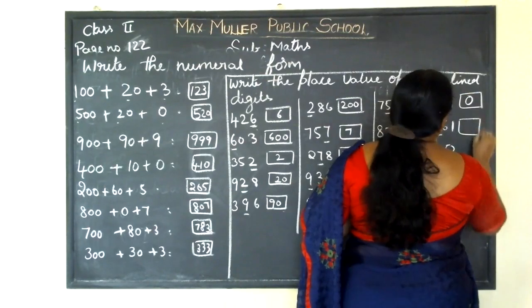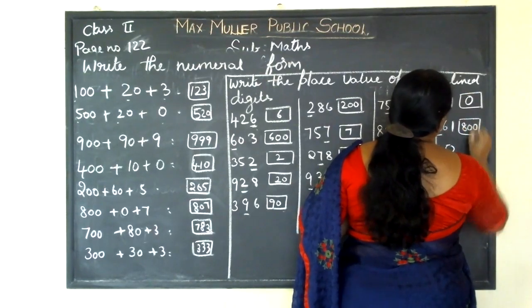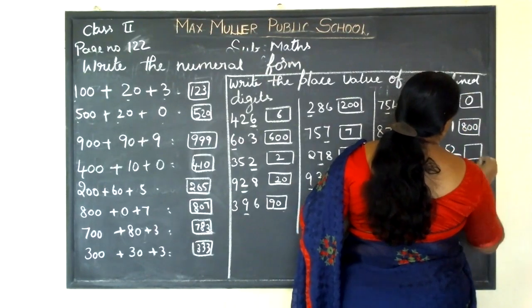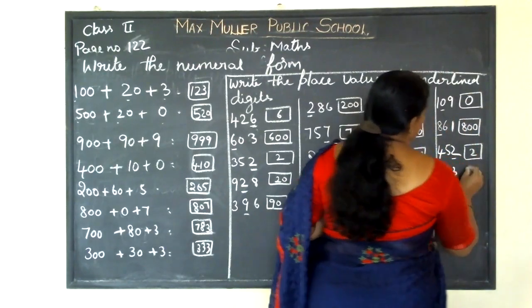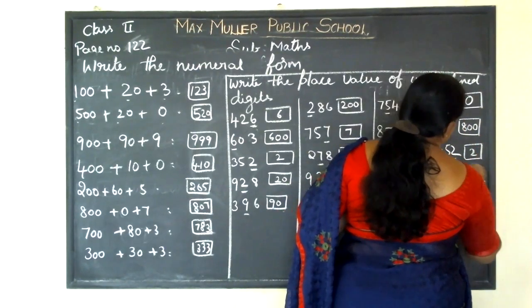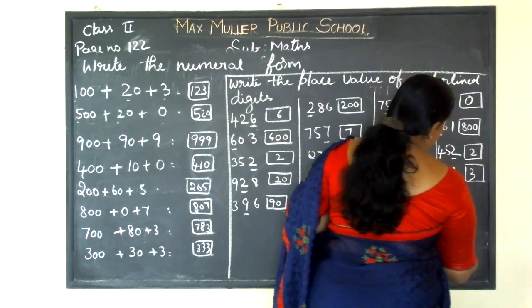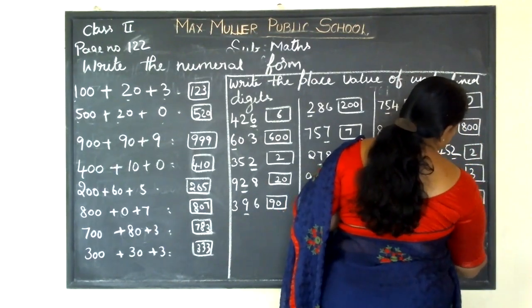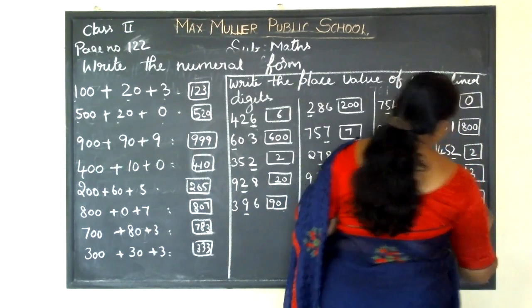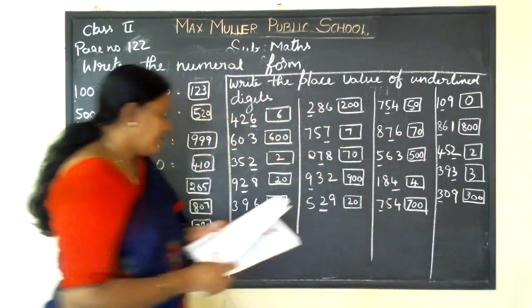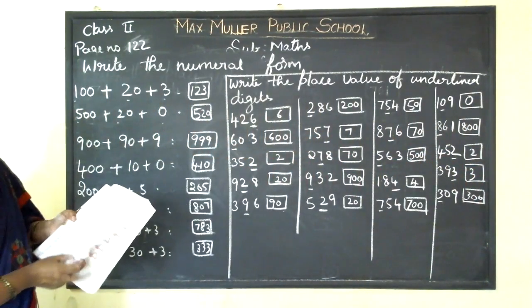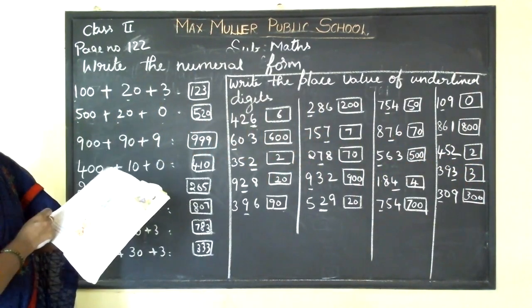Here 8 is in hundreds place, 800. Here 2 is in ones place, you want to write 2. 393. 3 is in ones place, so 3. Here 300. 3 is in hundreds place, so 300. Understood, children? We finished. Write the place value of underlined digits.